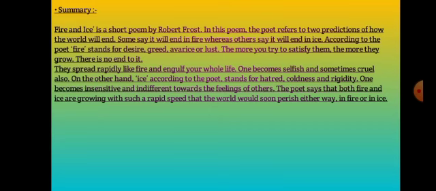So in this slide we are going to see the summary of this poem, Fire and Ice. So as I said before, fire and ice are 2 destructive elements that can be the reason behind the earth's end, according to the poet Robert Frost. So let me just read the summary. Fire and Ice is a short poem by Robert Frost.